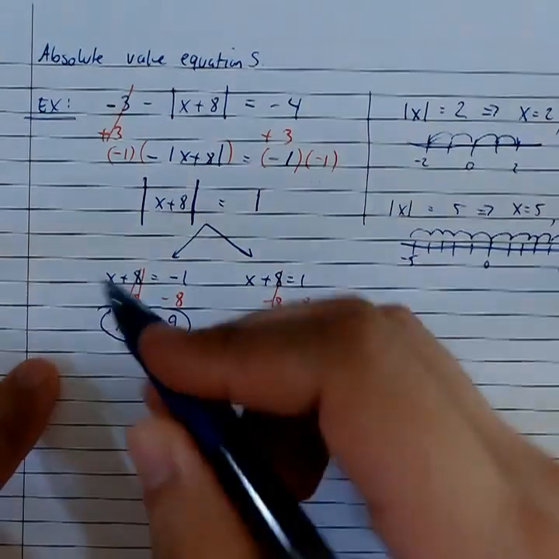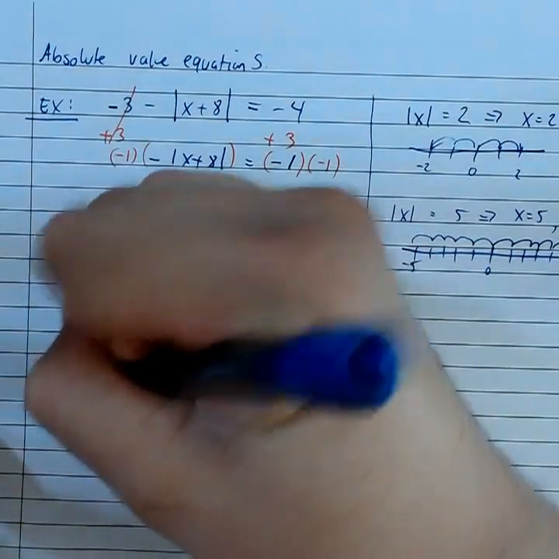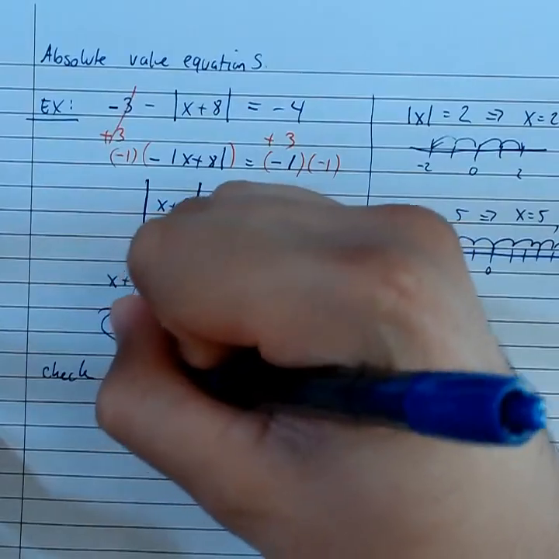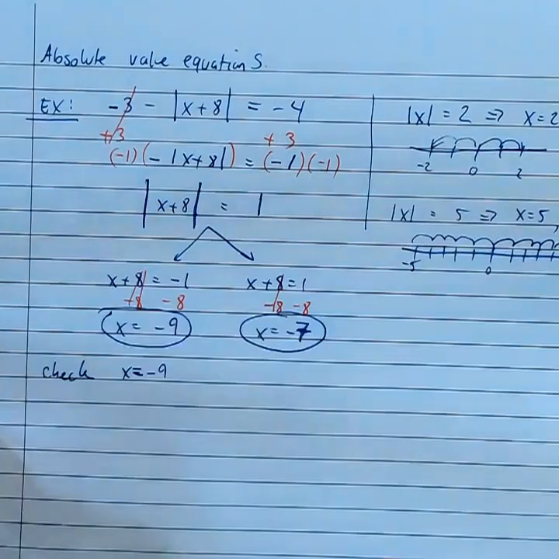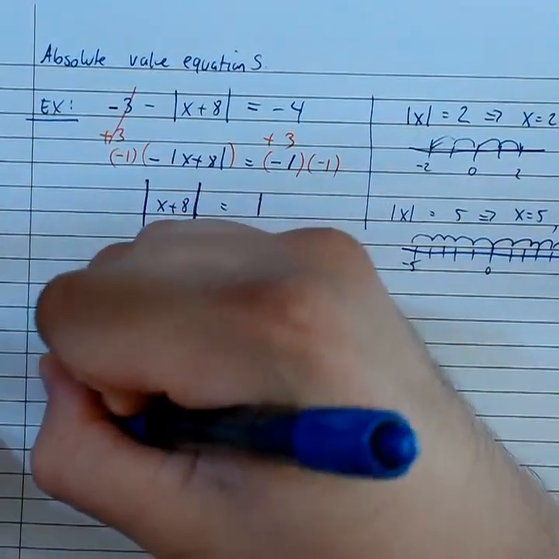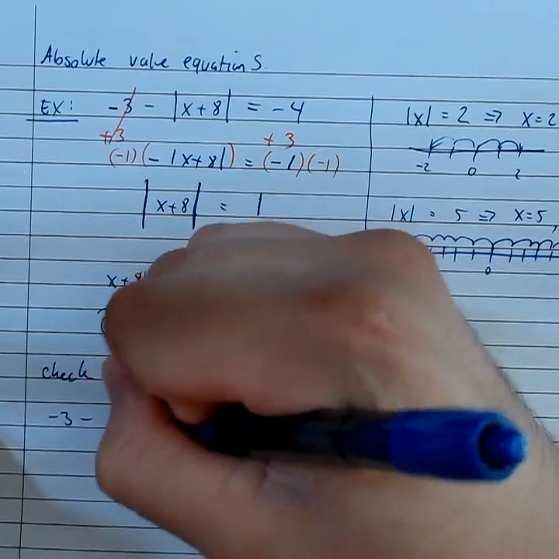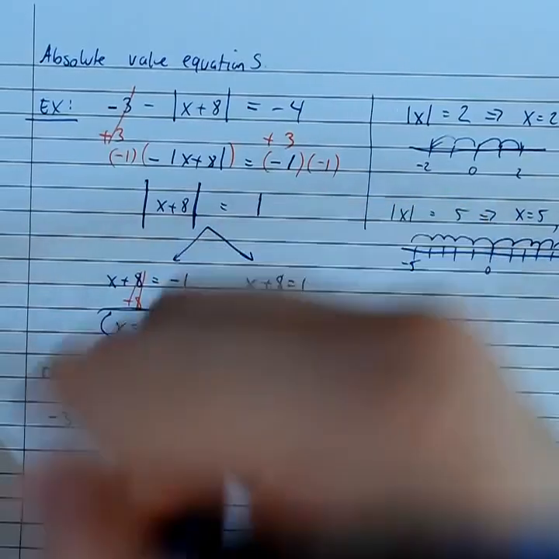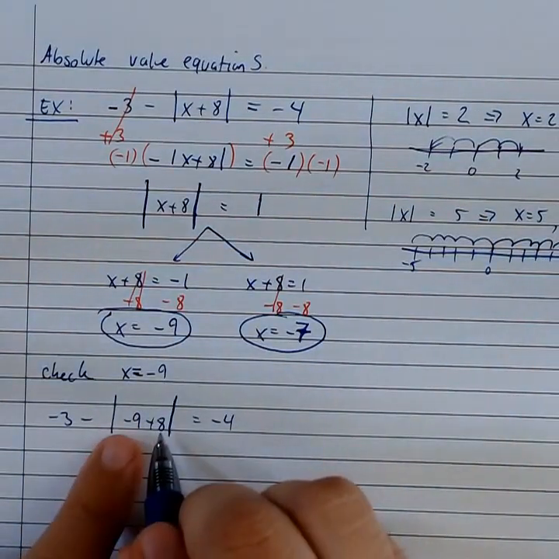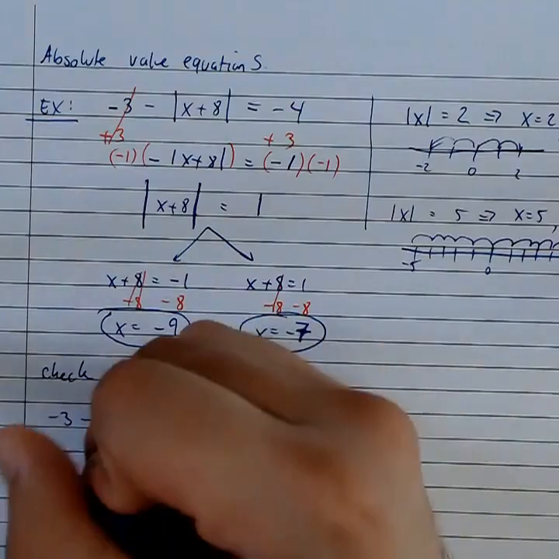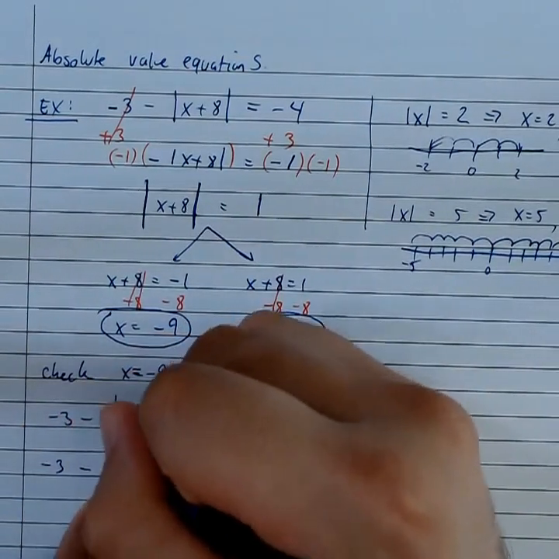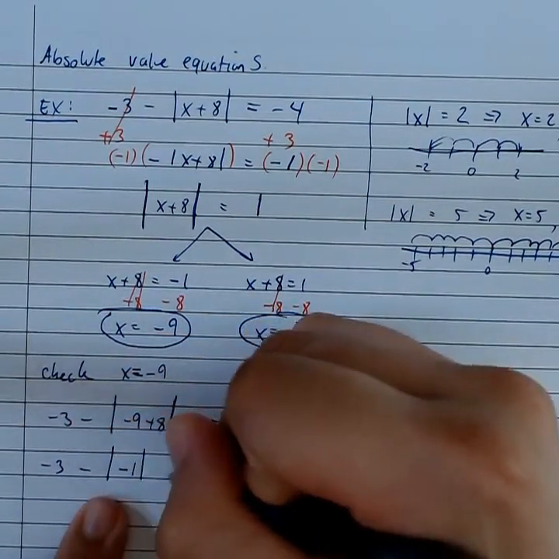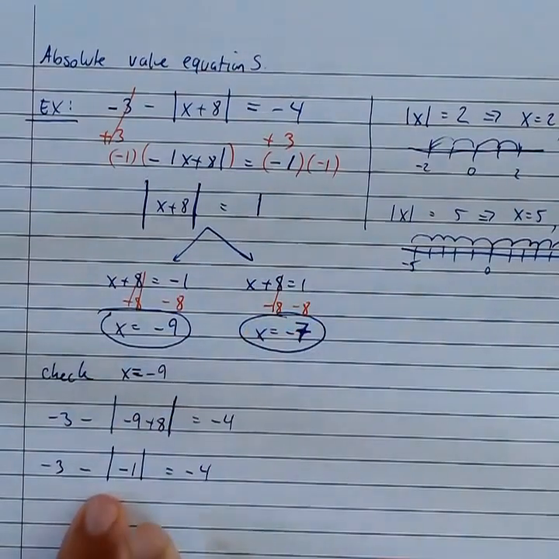So let's go ahead and check these. Let's check x is equal to negative 9. Negative 3 minus the absolute value of negative 9 plus 8 is equal to negative 4. Negative 9 plus 8 is negative 1. So it's negative 3 minus the absolute value of negative 1 is equal to negative 4.